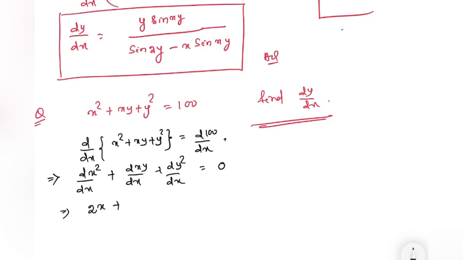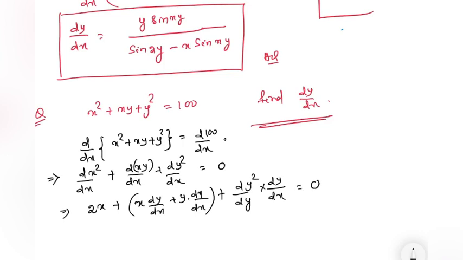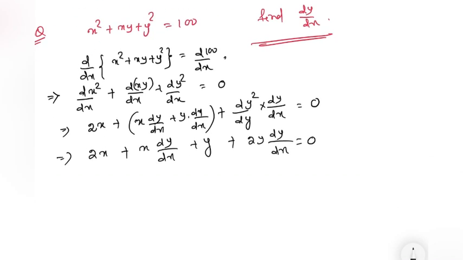Like this you can get 2x plus, with the product rule you can apply, x into dy upon dx plus y dx upon dx. Here you can apply the chain rule: derivative of y square with respect to y into derivative of y with respect to x, that gives you 0. So 2x plus x dy by dx plus y plus 2y dy by dx is equal to 0.